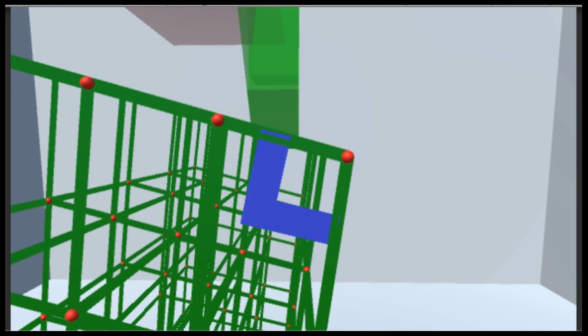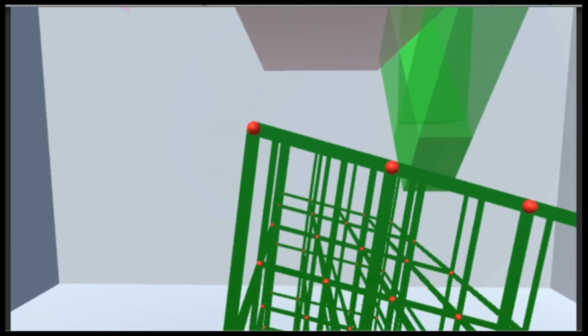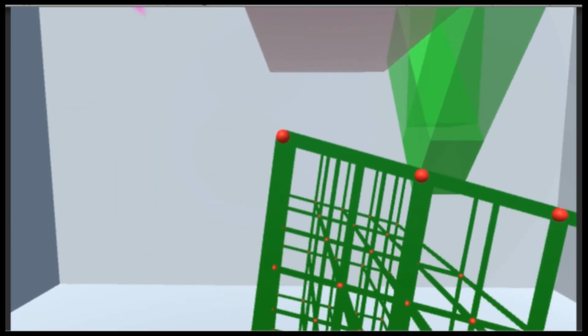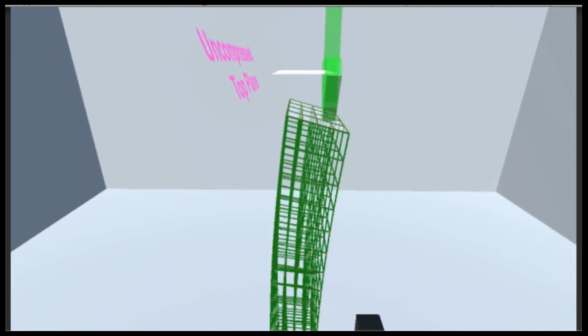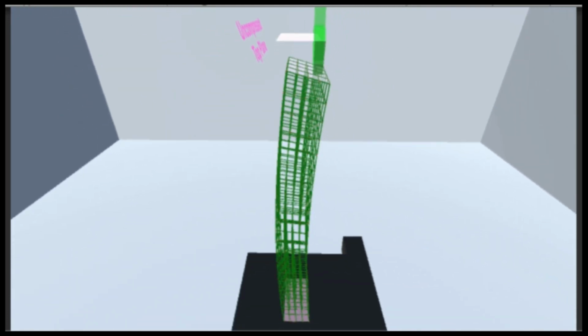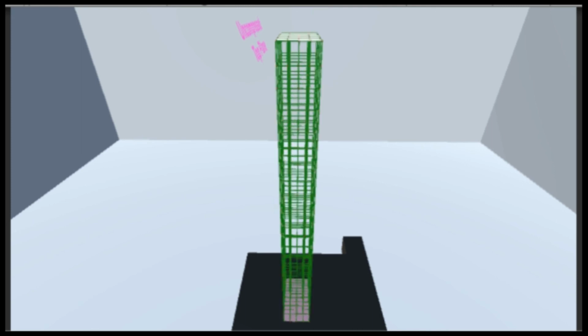Again, the top end surface is keeping a 90-degree angle with the side surfaces. We can see the deformation again.